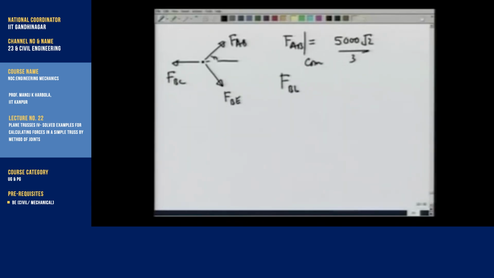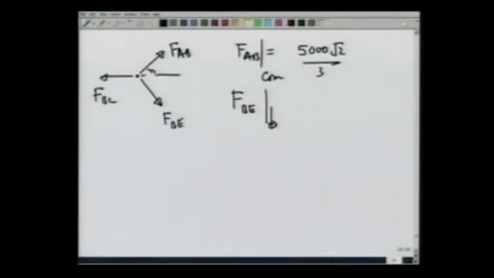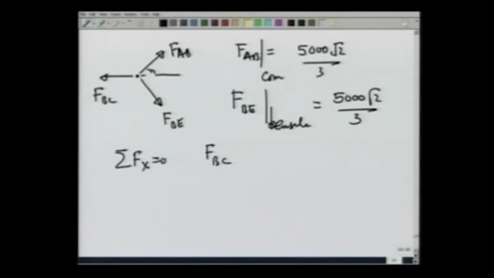FBE we have just determined, but FBE pulls the pin in, and therefore by Newton's third law, pin pulls it out. This is tensile, but its magnitude is 5000 root 2 over 3. And FBC from summation Fx equal to 0 would come out to be 2 times the x component of FAB, or FBE is the same thing.